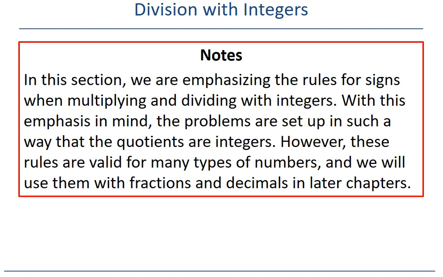Now, those same rules apply that we mentioned earlier. If you have like signs, 2 like signs, the results will be positive. So 2 negative, 2 positive give you a positive. If they're unlike signs, one's negative, one's positive, you end up with a negative result.